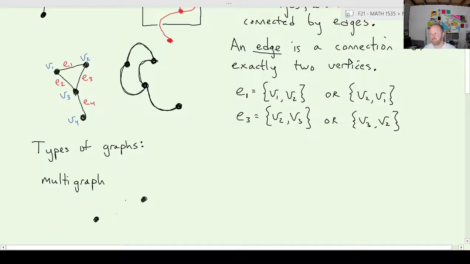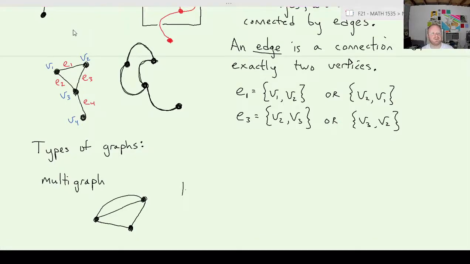You can look up the definitions in your textbook, but I'm going to draw pictures because I think that's the most illustrative thing I can do. This is a little bit different than what we've got here because we've got two edges. So I can say multiple edges.